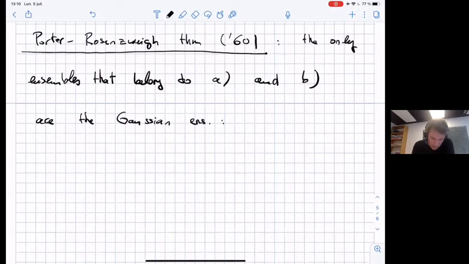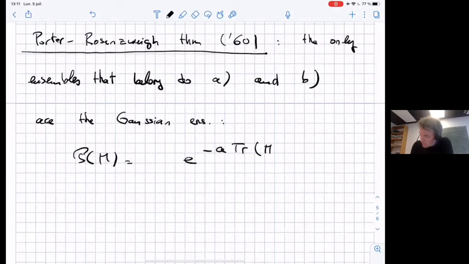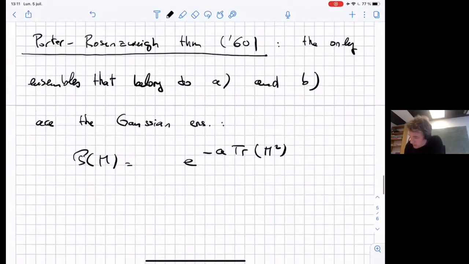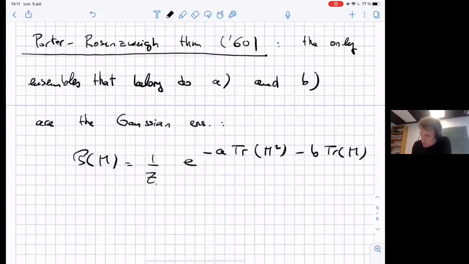So that means that P of M can just be written as exponential of minus A trace M squared minus B trace M, and there is some normalization factor.